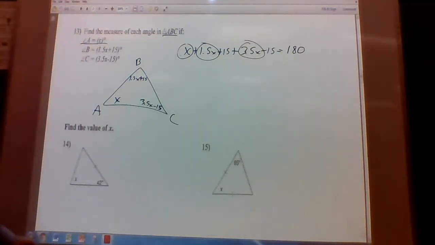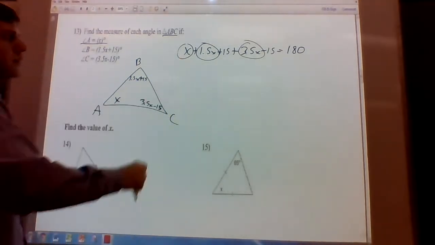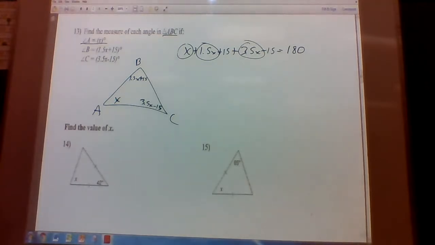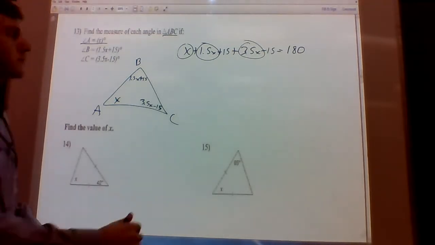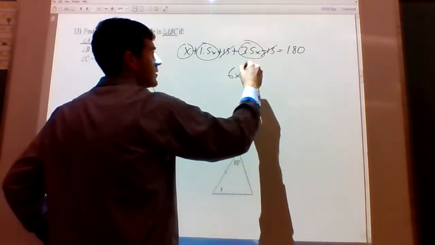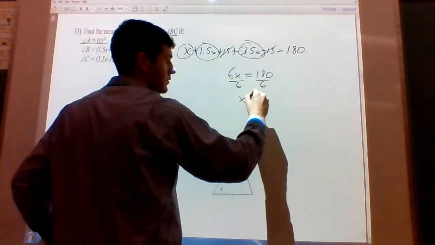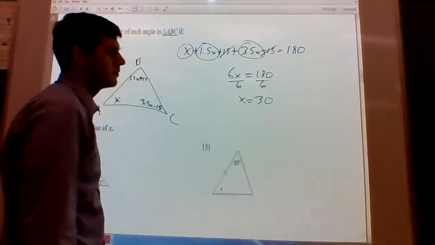That's going to be 6x. And then 15 and negative 15 are going to cancel, so we get 6x is 180 divided by 6. X is going to be 30.